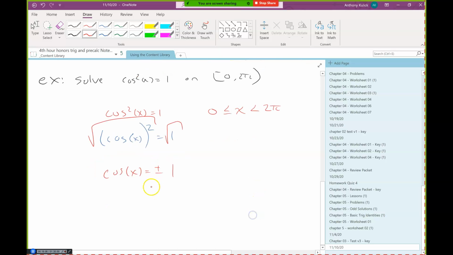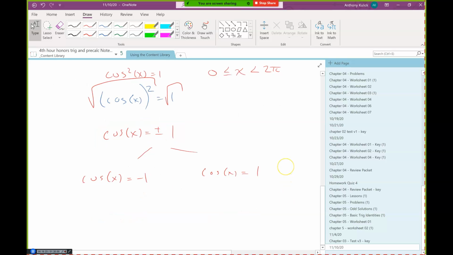Okay. So I'm going to now split this into two separate equations. So I have cosine x equals -1 and cosine x equals +1. We okay there? Okay. Then the next thing I would do is go to our unit circle and look.